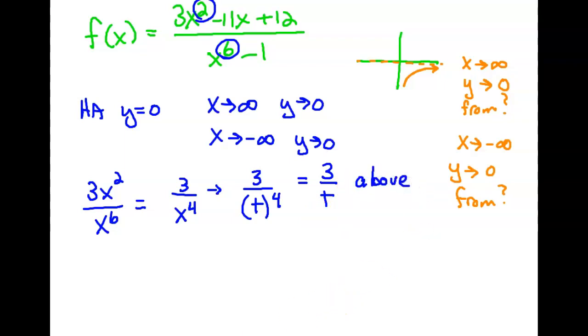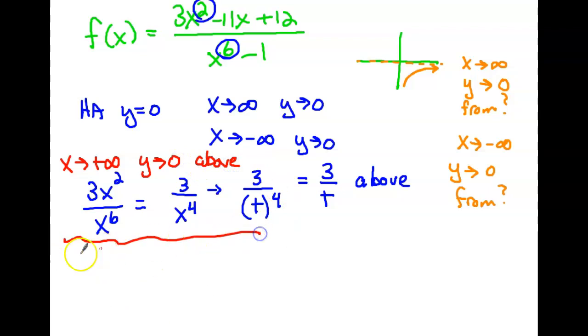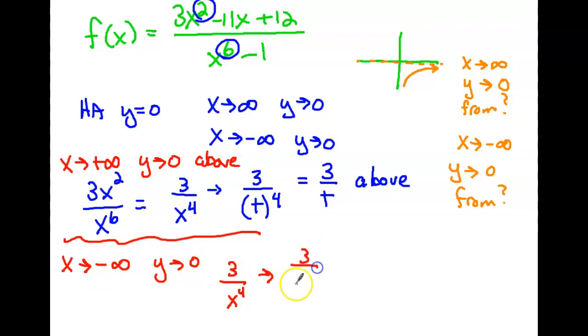You do the same thing. So this was for positive infinity. This was as x approaches positive infinity. Y approaches 0 from above. And now we'll do the same thing for negative infinity. As x approaches negative infinity, y is going to approach 0, but is it from above or below? So if you take 3 over x to the 4th and you plug in a negative number, so it would be 3 over a negative to an even power, we know that that's still positive.